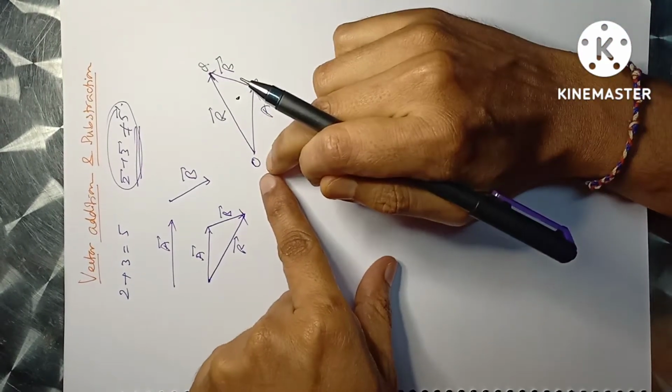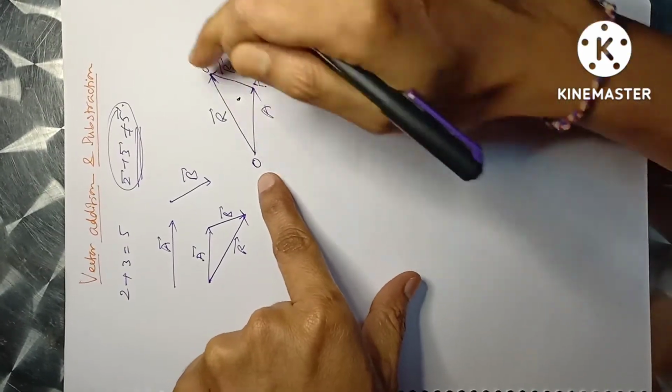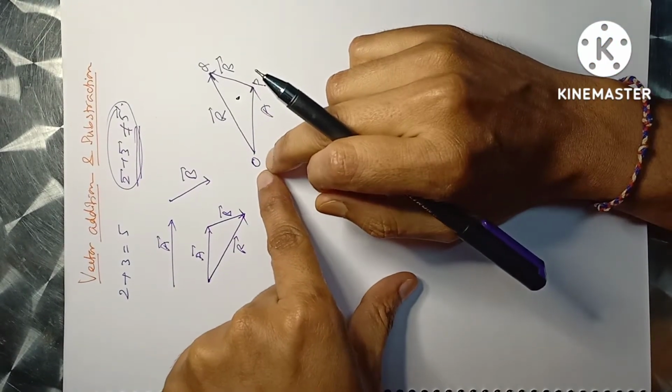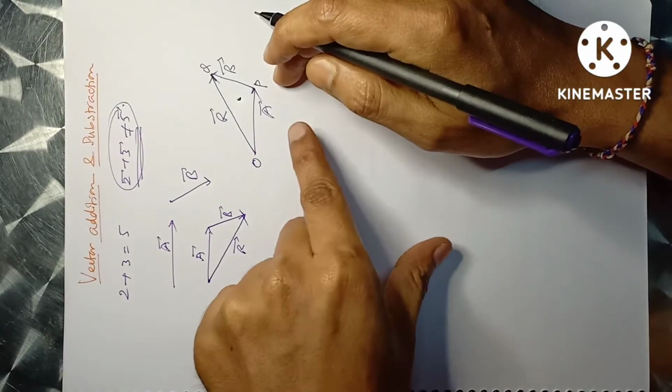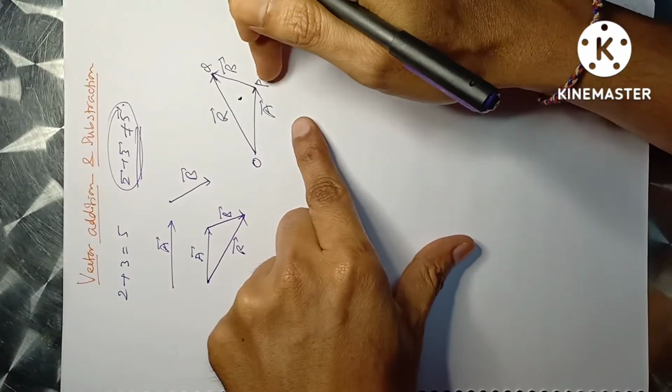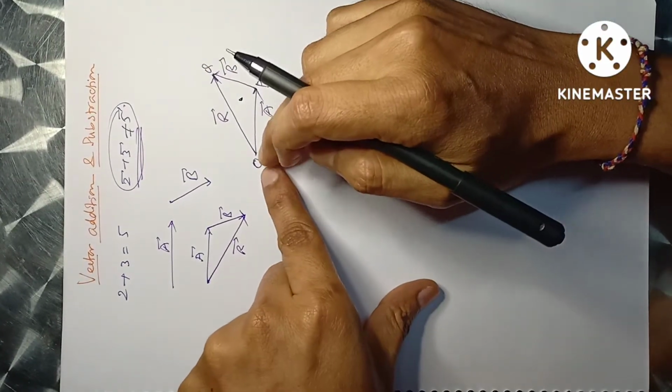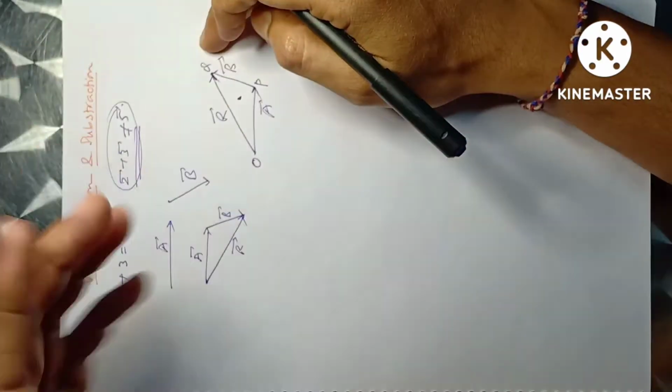In this case, we can also consider two points, O, P and Q. Suppose you want to go from O to Q. First you go from O to P by vector A, and then from P to Q by vector B, then the resultant path is from O to Q directly.